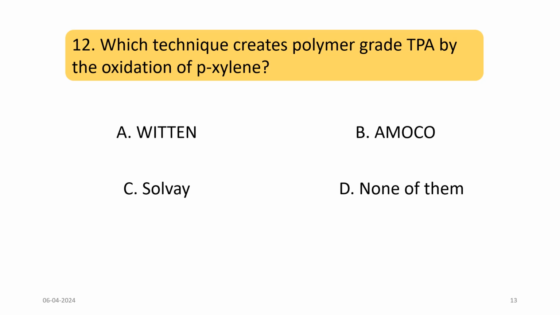The answer is the Amoco process. It produces polymer grade TPA by the oxidation of paraxylene.